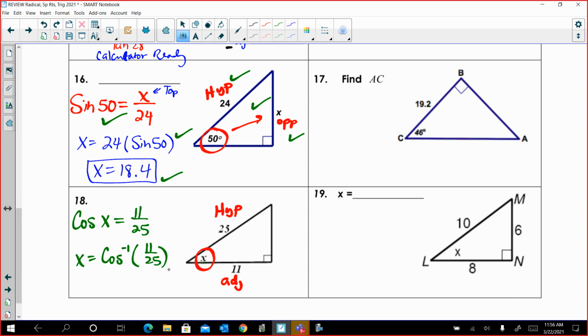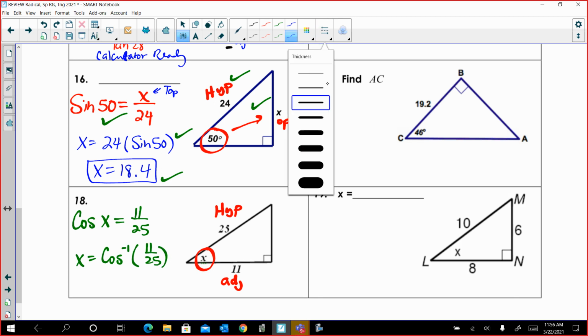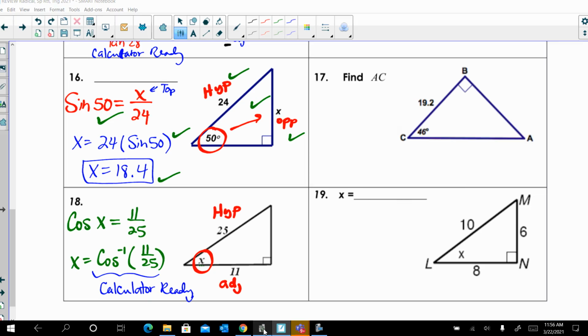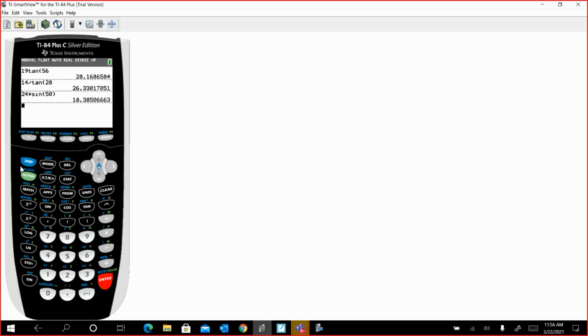This is now calculator ready. So now I can go to my calculator. To get to cosine inverse, you have to hit second, then the cos button. It gives you that negative 1.